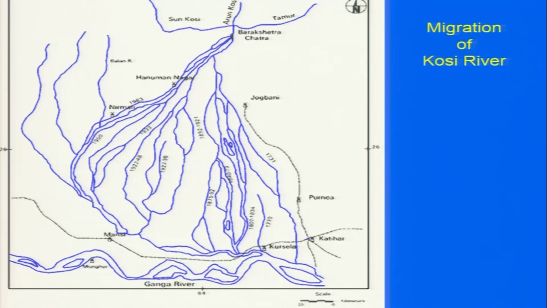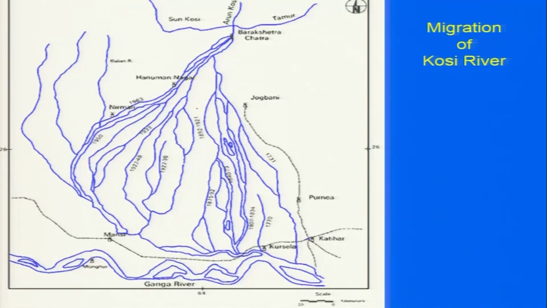But in some years it also flowed through, like this is, if I am not wrong, 1231, and then you are having 1770, 1807 to 1834, and so on.